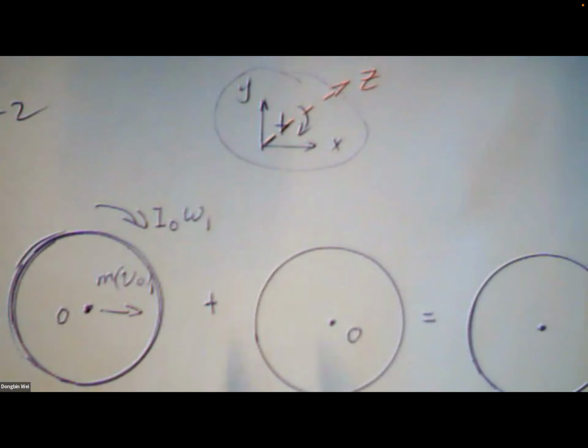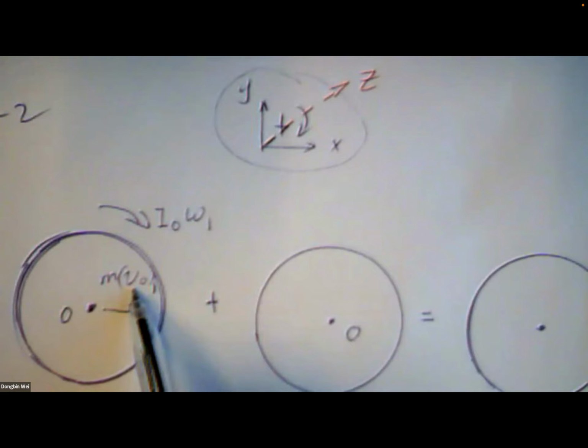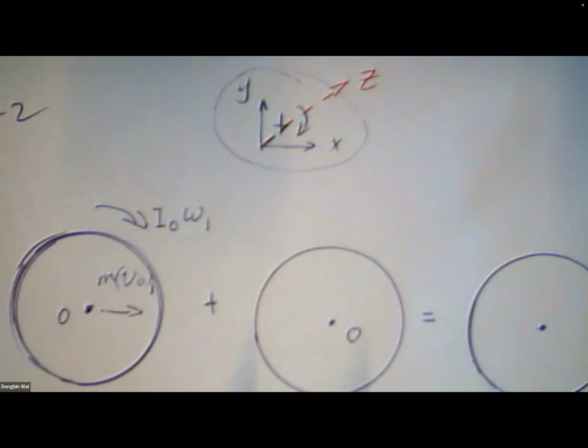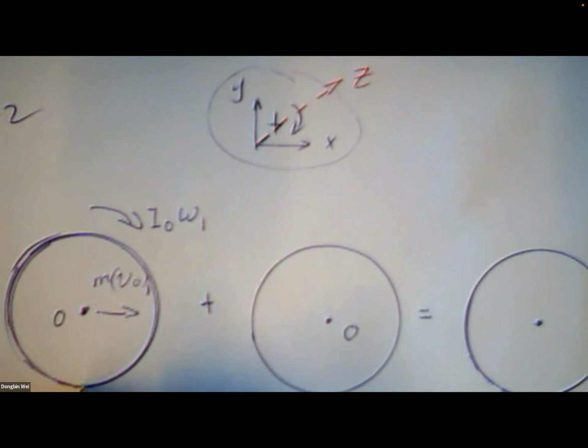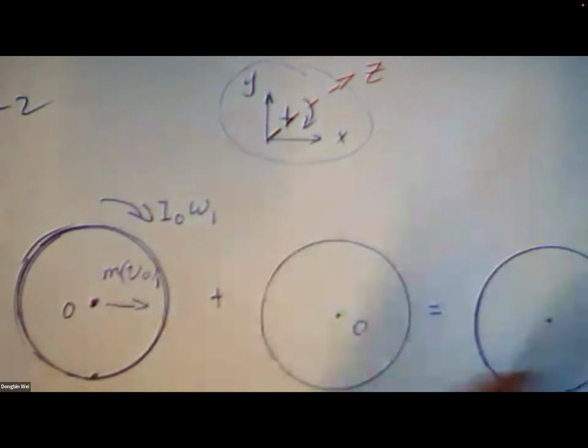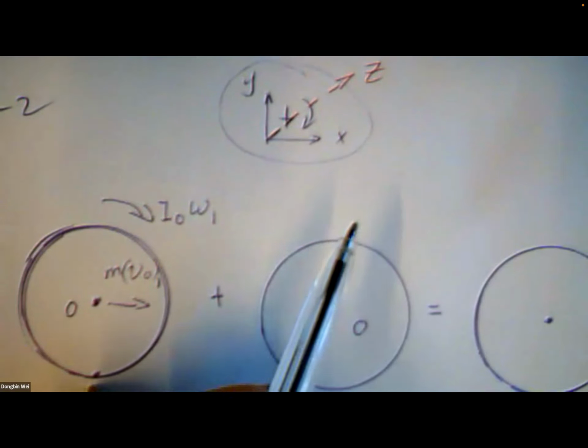And omega 1 and vO1, their directions can be related to each other, because this one here is the contact point, and with no slipping, this should be the I point.